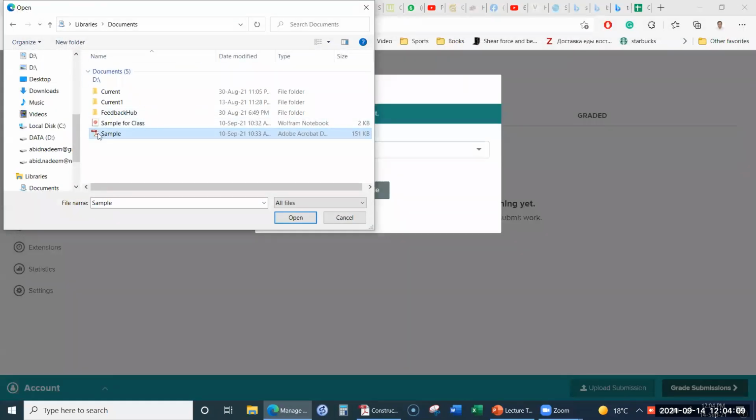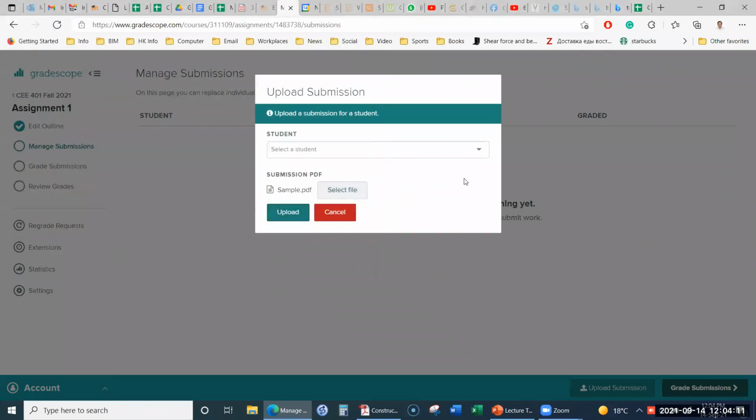If this is a PDF file and you submit it, this is the submission interface from my side, and your submission interface will be slightly different.